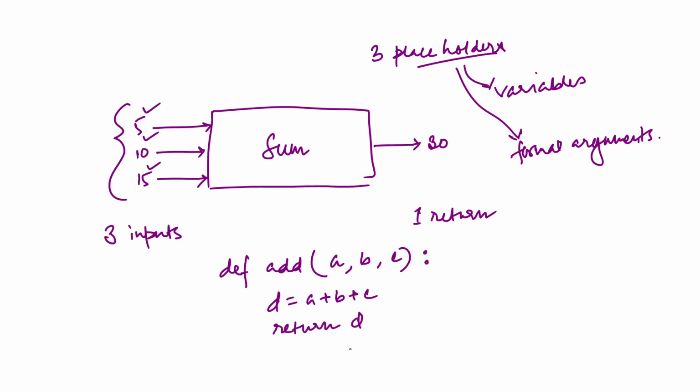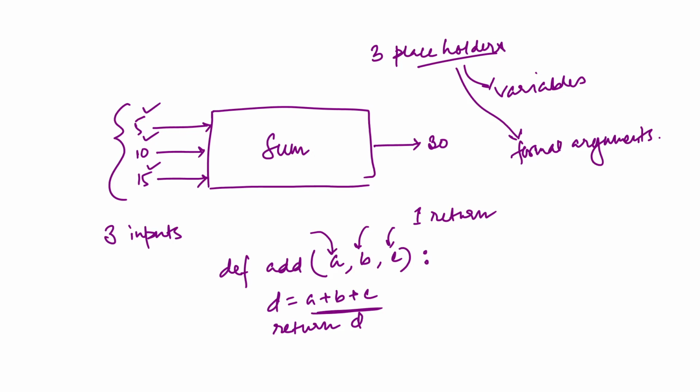So that is the definition of a function that takes three numbers, adds them and returns their sum. Now because Python does not type check, if you send strings in there, it will give you a concatenation of the strings.